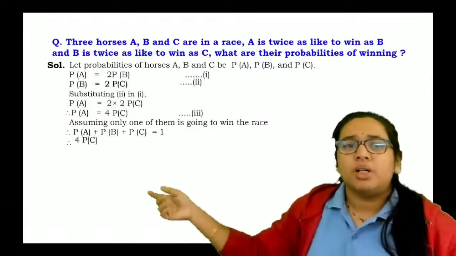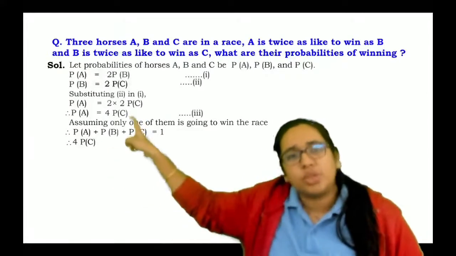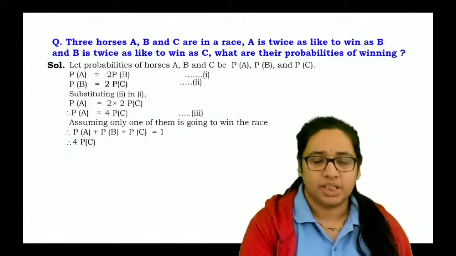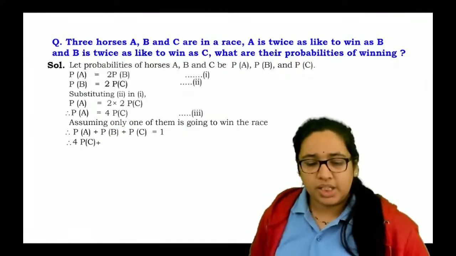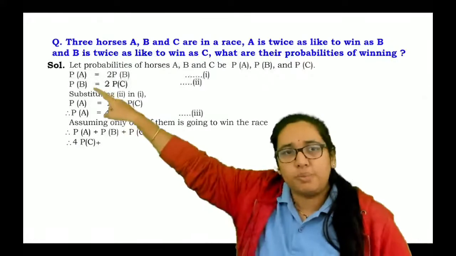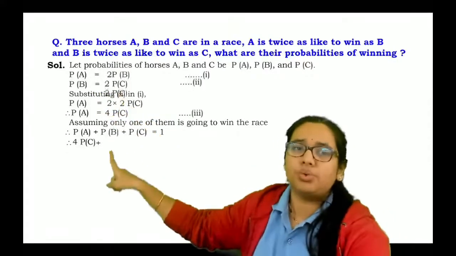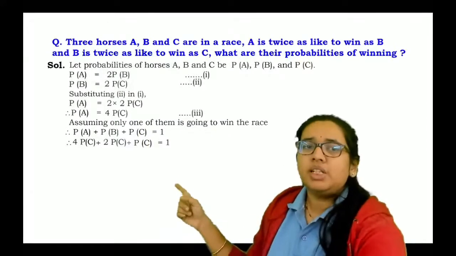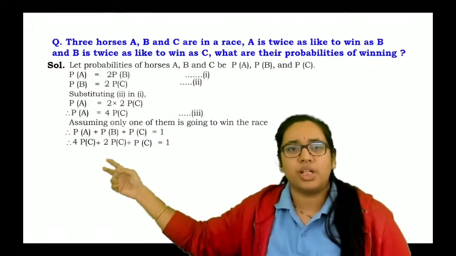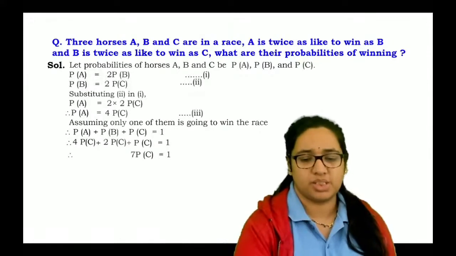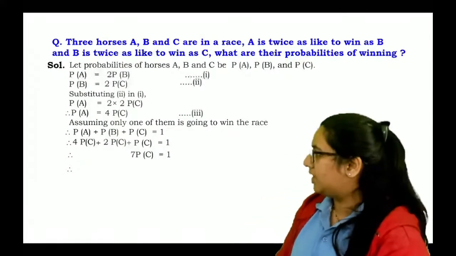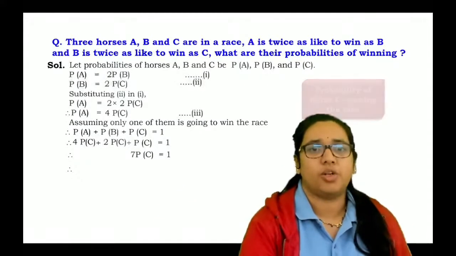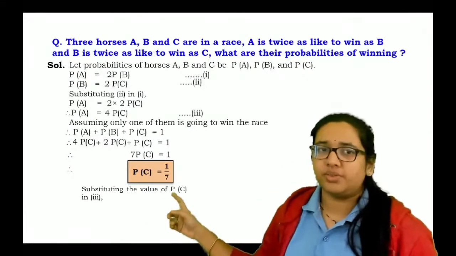But we know that probability of A in terms of C is 4 times probability of C. Then probability of B in terms of C is nothing but 2 times P of C, and probability of C will be as it is. So 4 times plus 2 times plus 1 times is nothing but 7 times probability of C is equal to 1. Hence probability of C equals 1 upon 7.